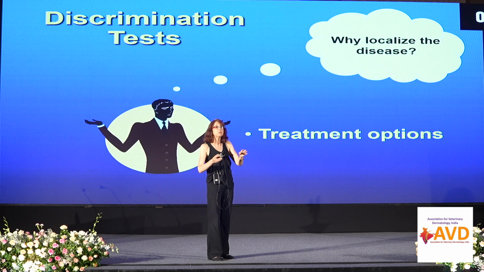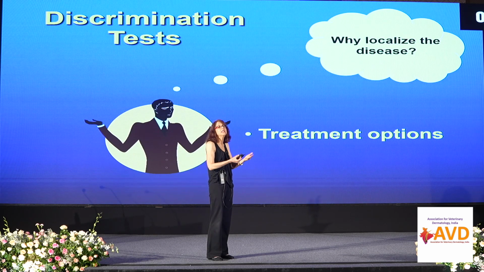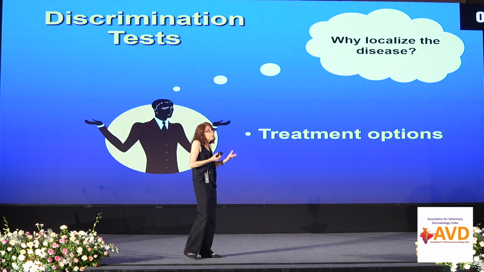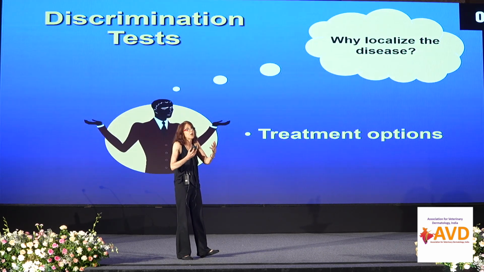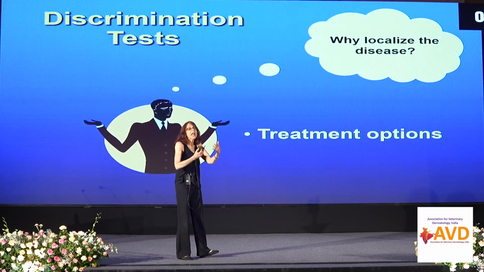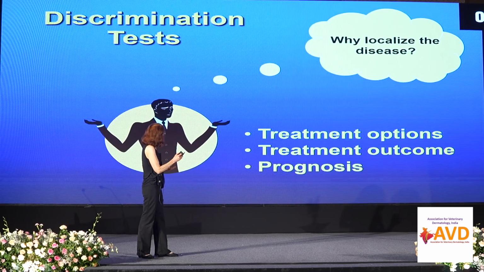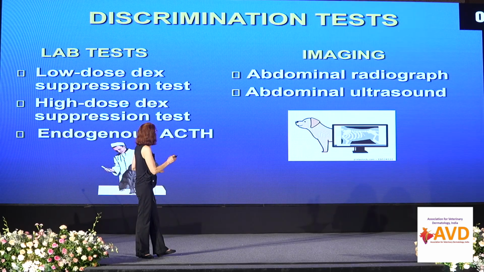The ideal treatment for adrenal tumor is removing the adrenal gland. Easy to say, but a lot of these dogs are not in good condition for surgery. And again, it can be complicated, but at least you discuss the options with the owner and prognosis also, okay? So yes, localize.